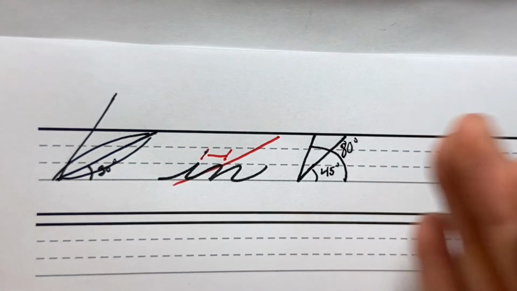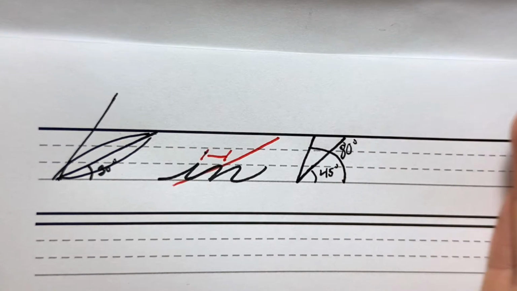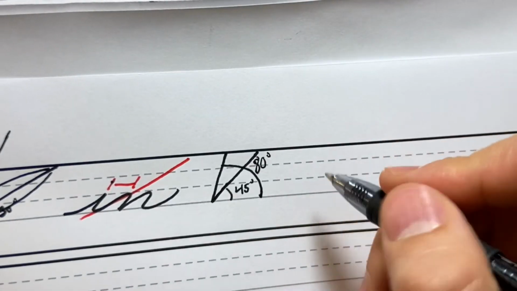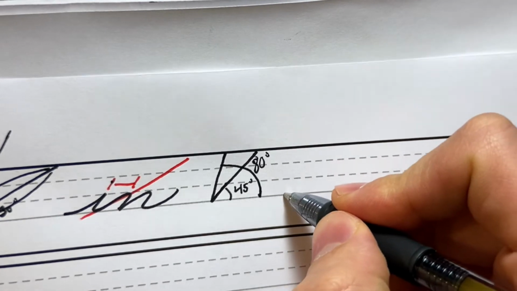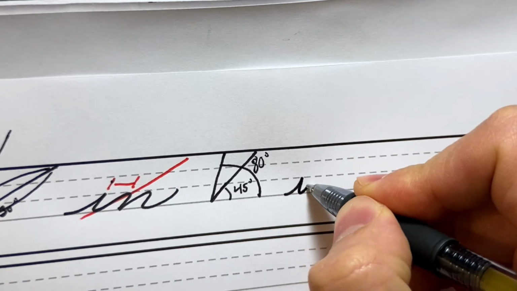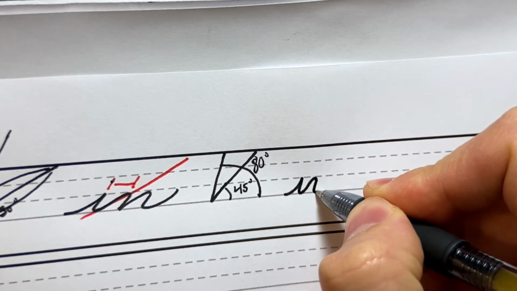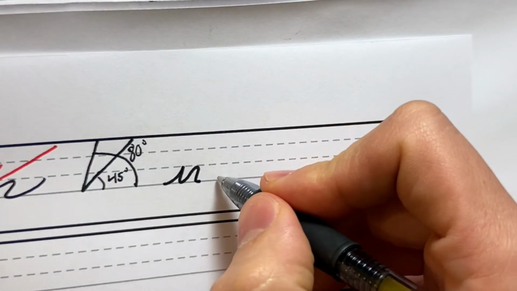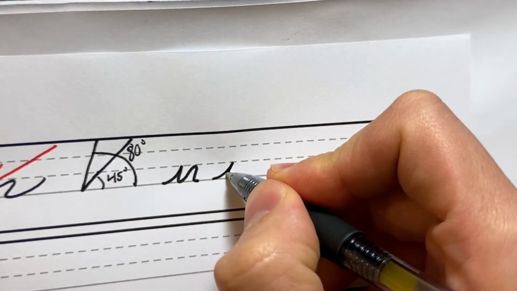So this is going to be a more vertical script. Our letters aren't going to be leaning as much to the right. They're going to be more up and down, and we can see what that looks like if I try to do it. So it's going to be more up and down like this, and then our connective slant. Oops. Let me do it again. I started doing the "in" the wrong way. These different slants have me all messed up.